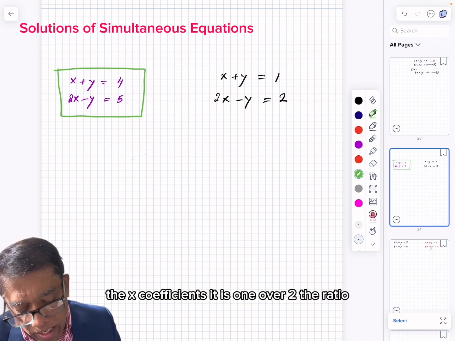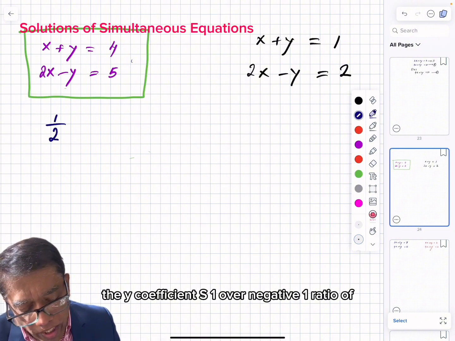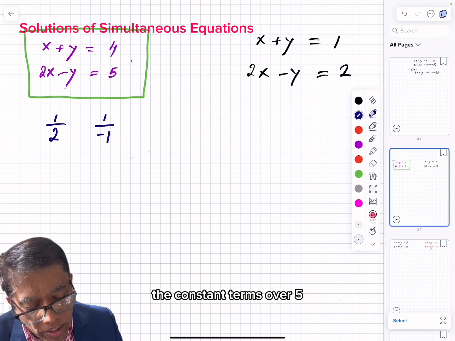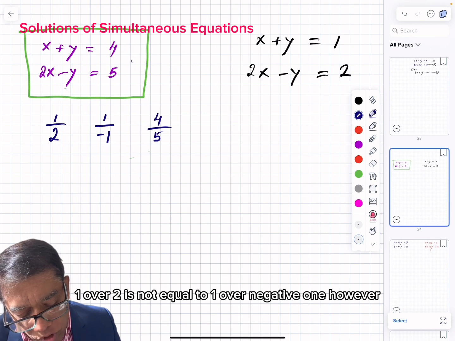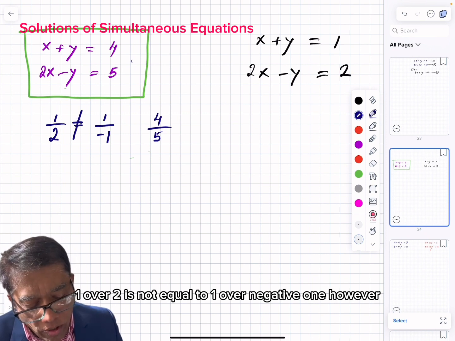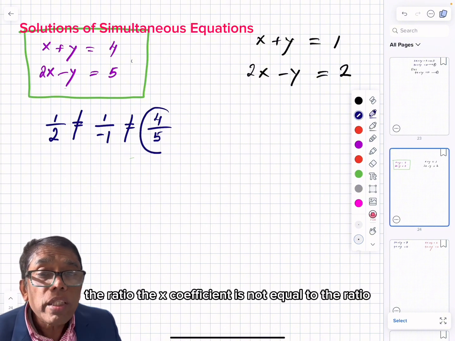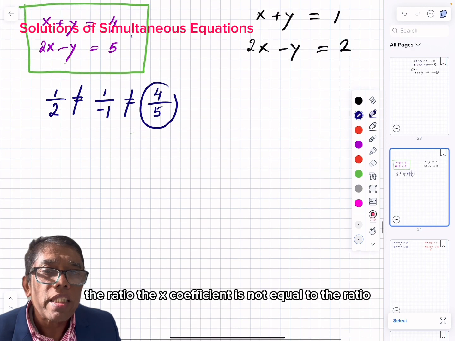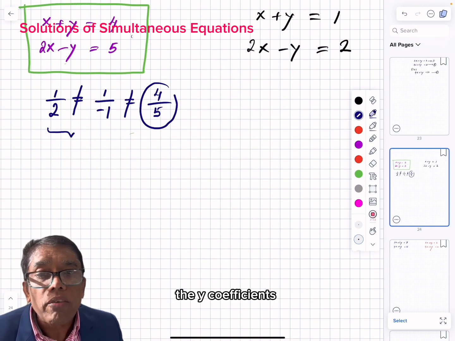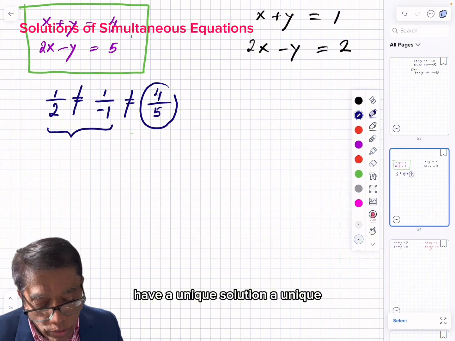It is 1 over 2. The ratio of the y coefficients is 1 over negative 1. The ratio of the constant terms is 4 over 5. We can say 1 over 2 is not equal to 1 over negative 1. However, it is not equal to 4 over 5. The ratio of the x coefficients is not equal to the ratio of the y coefficients. We can say the set of simultaneous equations has a unique solution.